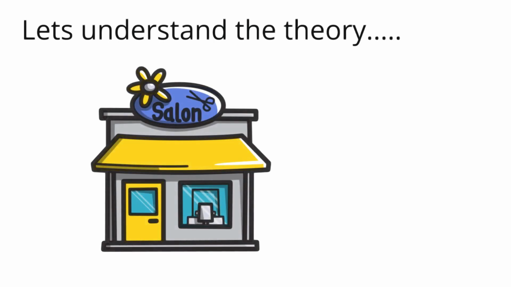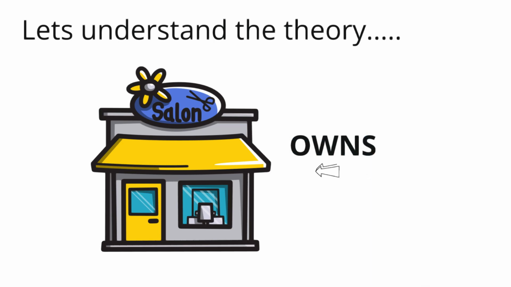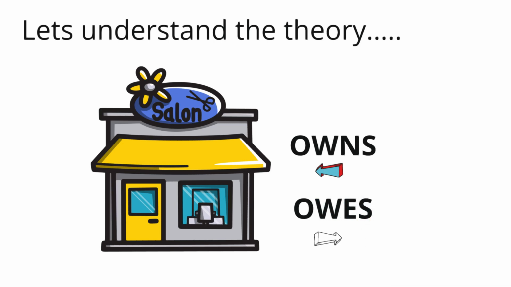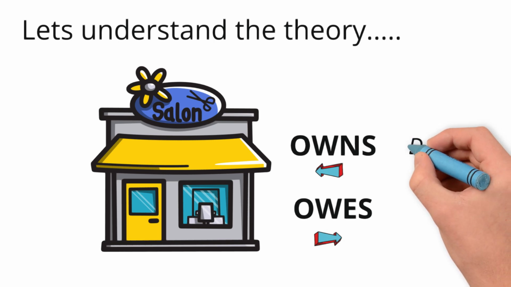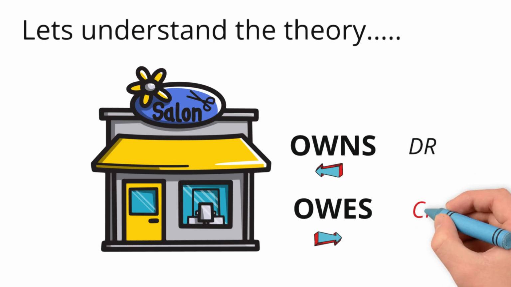Let's use the simple idea of what the business owns, and what the business owes. By ownership, I mean what the business owns, and not what the owners of the business own. Because in theory, the business is identified as an individual separate from the owners. Usually, anything owned by the business goes to the debit side, and what is owed goes to the credit side.